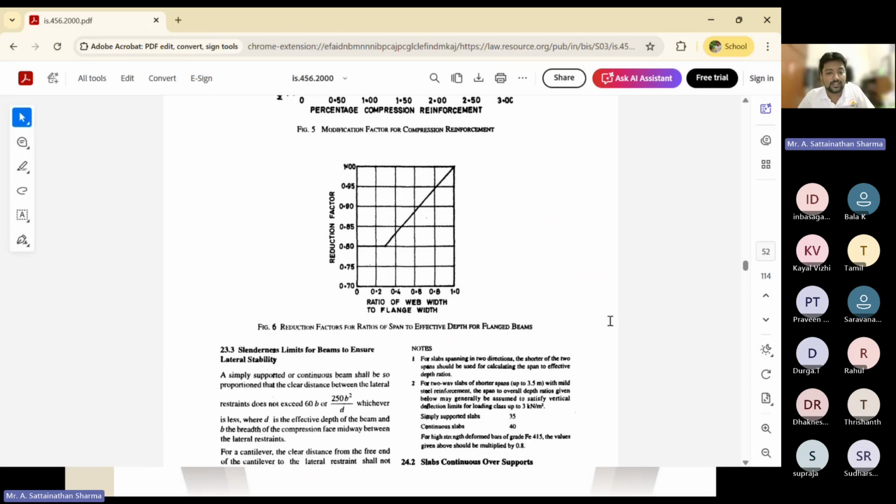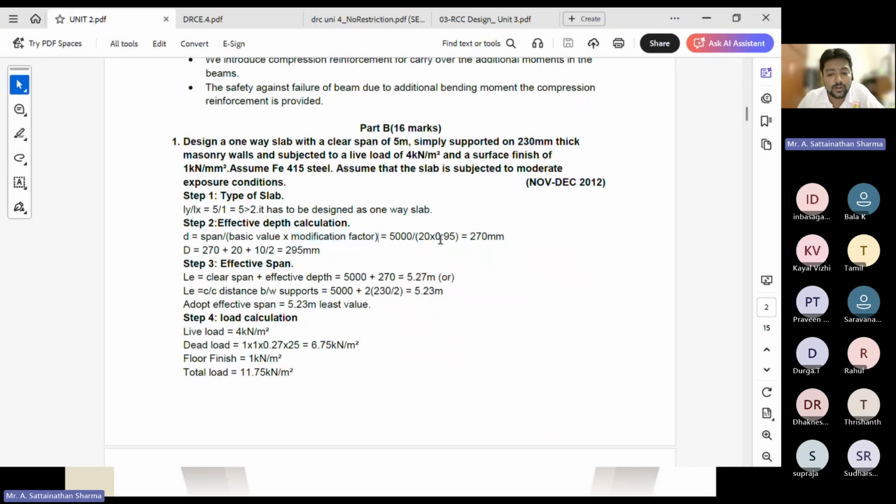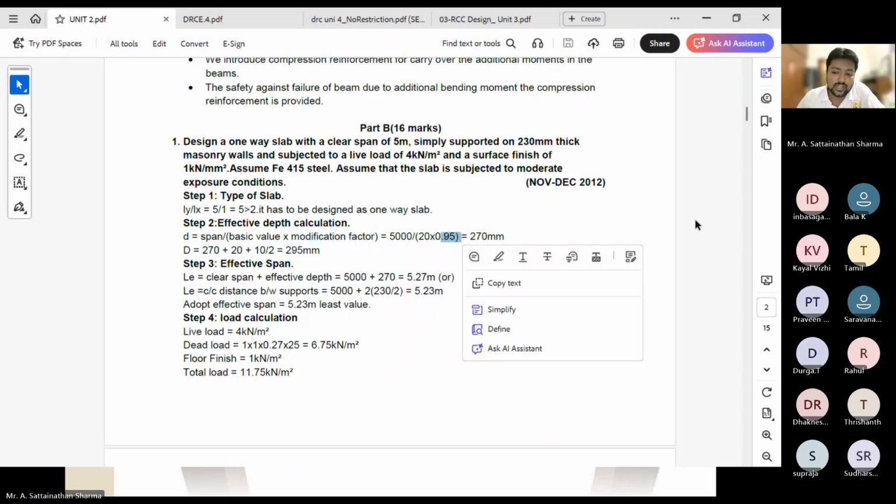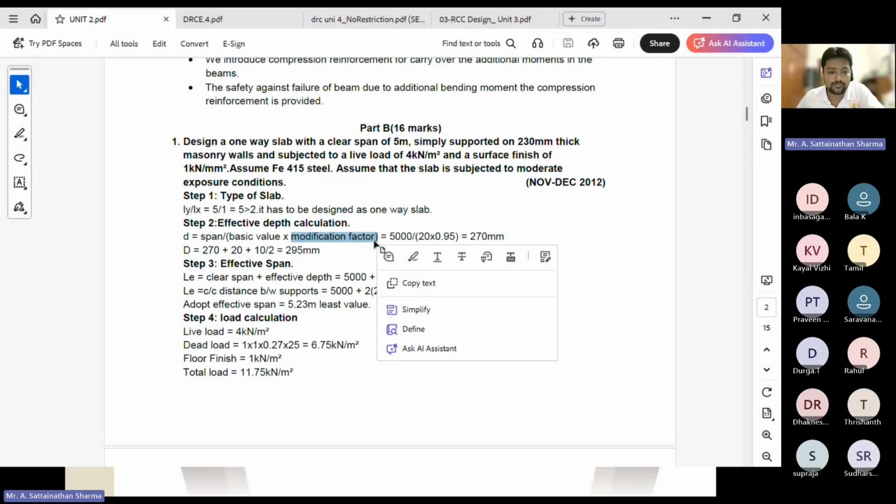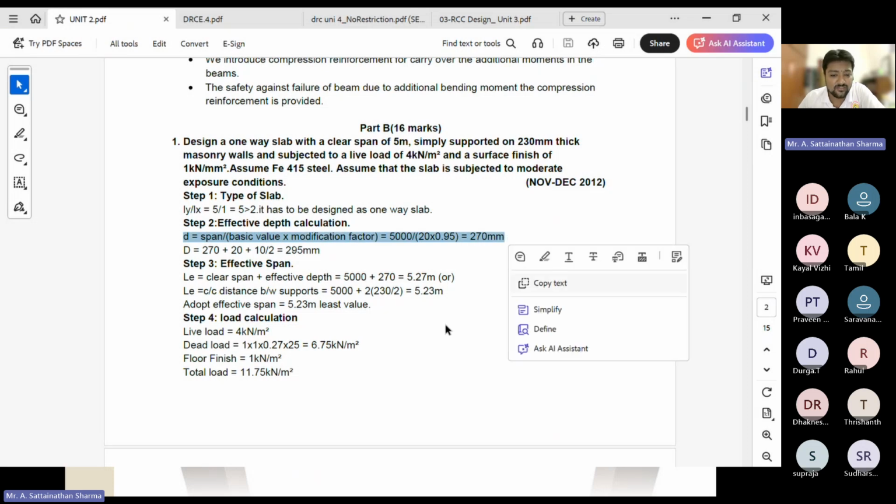To that extent, you can take, or you can blindly go with 0.95. What happens if I have not considered the modification factor? No problem. If you are going with span by depth ratio, and say, no sir, I have forgotten the modification factor, no issues, nothing wrong in that. You can go with the span by depth ratio directly, because this particular step will again come in the deflection check.